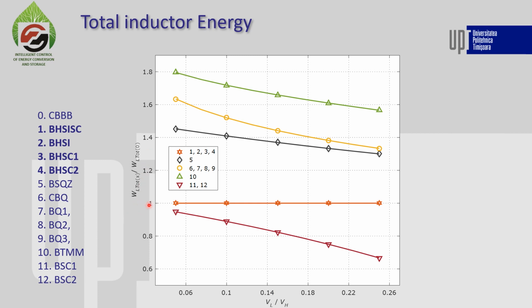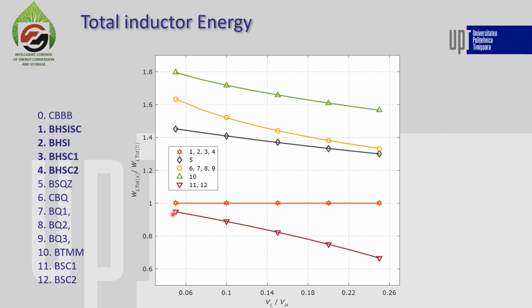If this ratio is higher than 1, then the converter studied requires more inductive energy, and if it's lower than 1, it requires less inductive energy compared to the conventional buck-boost converter. And we see that this ratio is a function of the conversion ratio in buck mode, not as a function of the duty cycle.